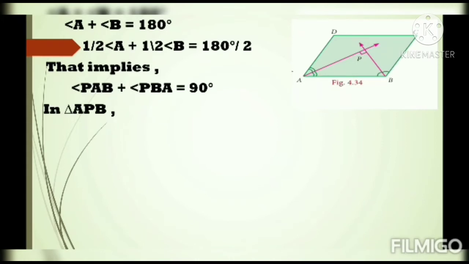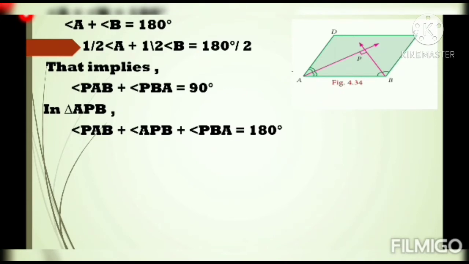Then, look at the triangle APB. What is the angle property? The sum of the angles of a triangle is 180 degrees.